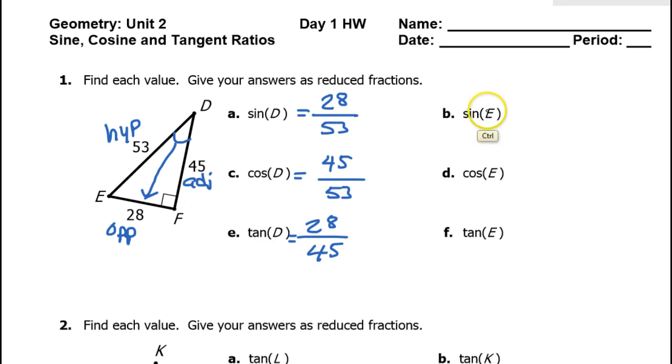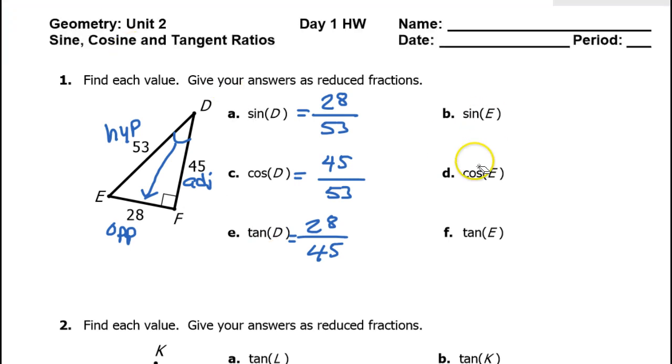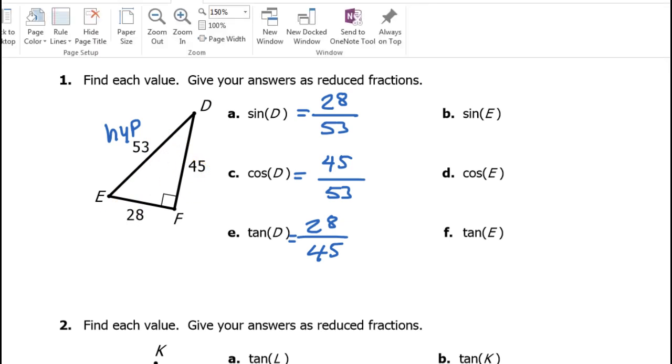Now for B, D, and F, I guess I was supposed to go A, B, C, D like that. But I did all these because they were all pertaining to angle D. Notice that now I'm switching over to the perspective of angle E, so that's going to change a couple things.